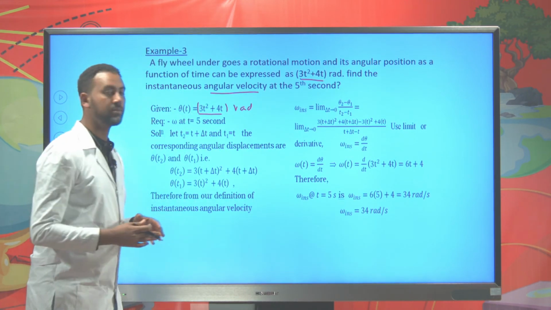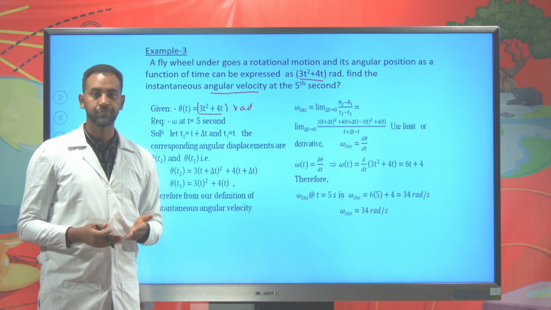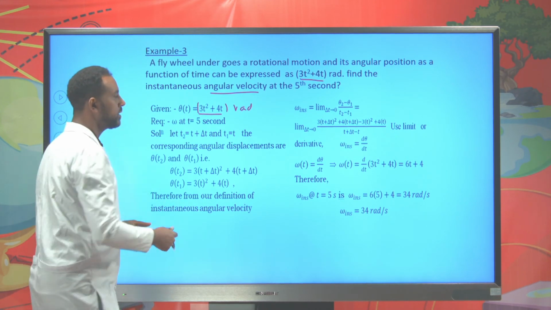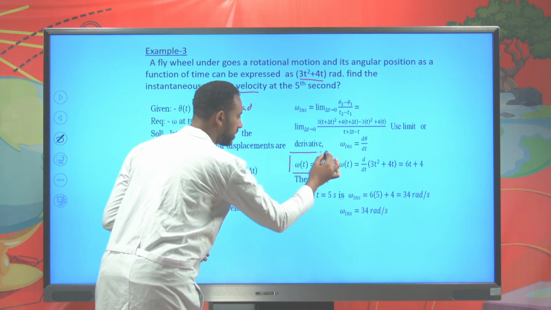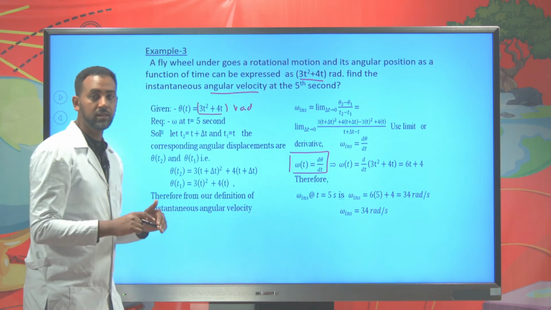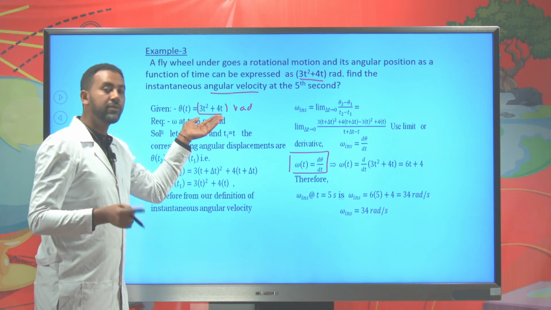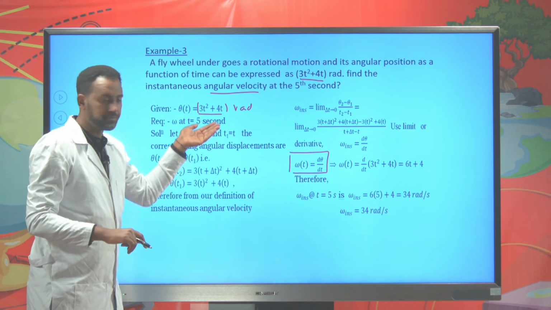Here it asks us to determine the angular velocity. Well, angular velocity can be given using limit or derivative concept. You have learned about derivative concept. So you have to differentiate the displacement function with respect to time t.